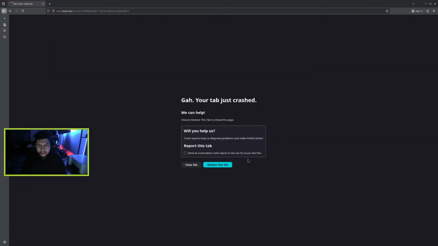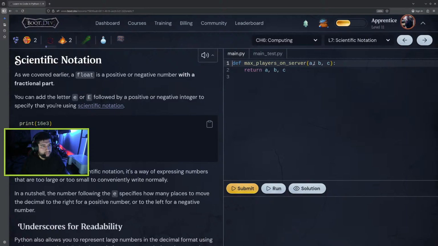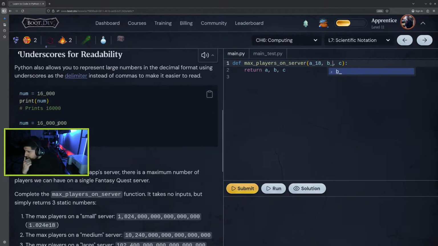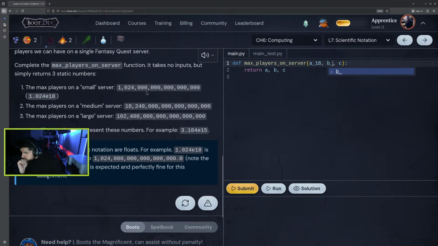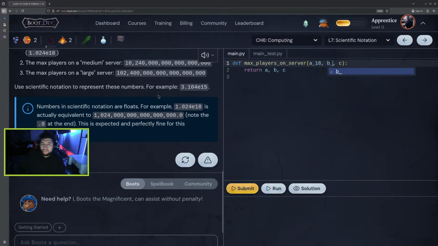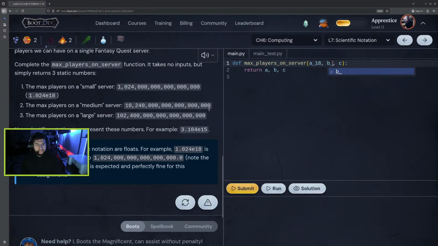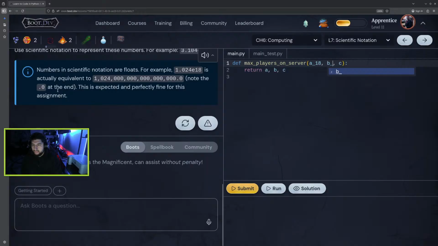Maybe. Oh no, it crashed. Restore. Okay, I'm lost. Numbers in scientific notation are floats, okay?